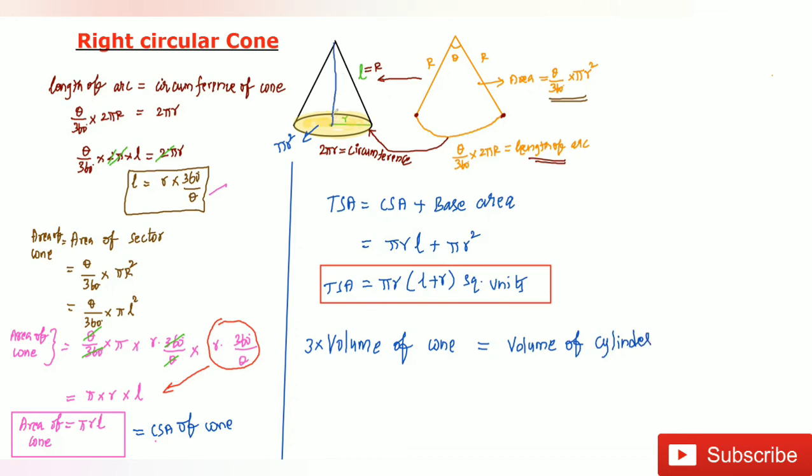We saw the cylinder shape already in the previous video. So 3 times volume of cone equals volume of cylinder.